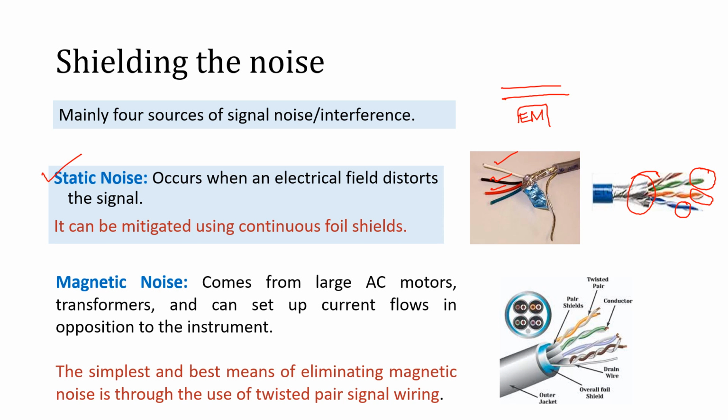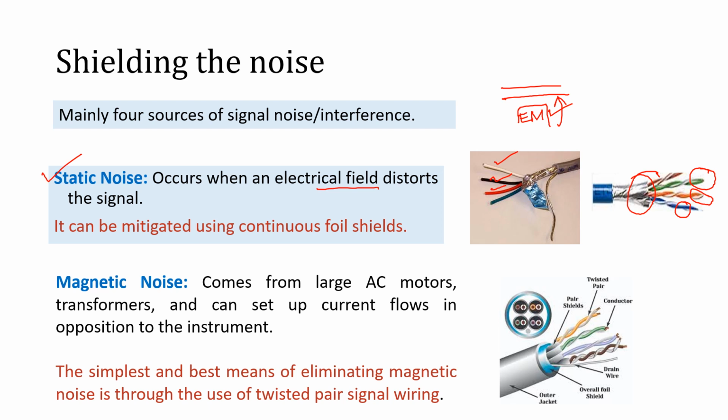Maybe there is a high tension wire passing through your dish TV wires. You can feel that whenever there is a power supply on and off, there is a momentary noise in your TV. So it means there is a noise which is static and permanently there as long as that source is very near to this wire. That is static noise, and it is always due to electrical fields very near to the wires. And how can we avoid it?